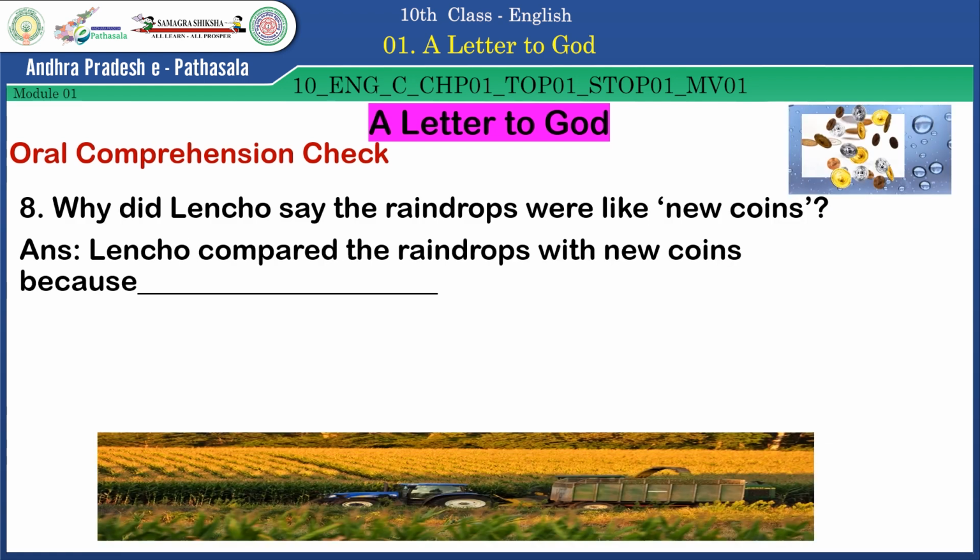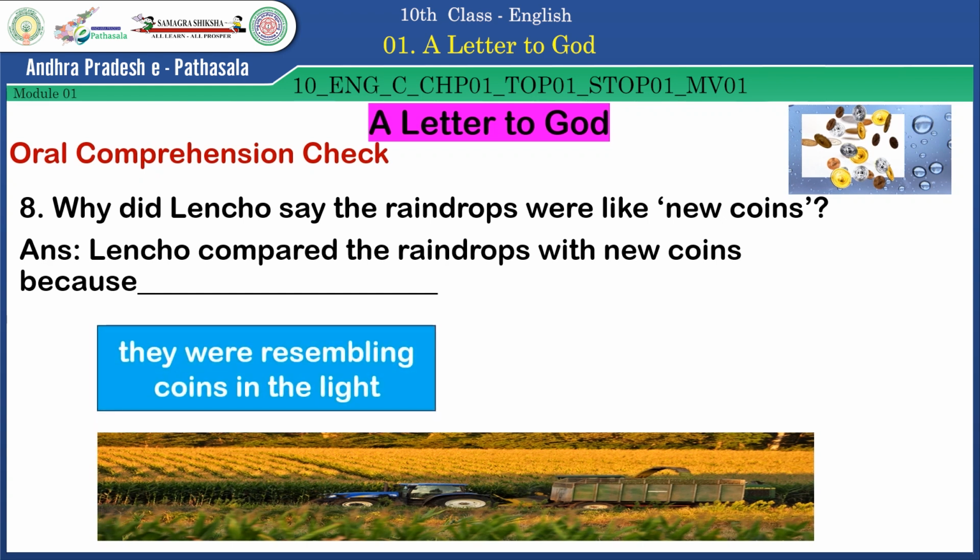One more comprehension check question. Why did Lencho say the raindrops were like new coins? The answer is Lencho compared the raindrops with new coins because, the options given are, they were resembling coins in the light.